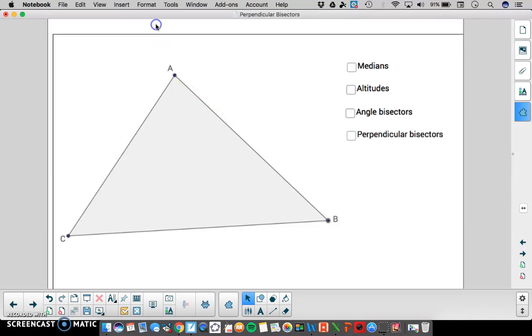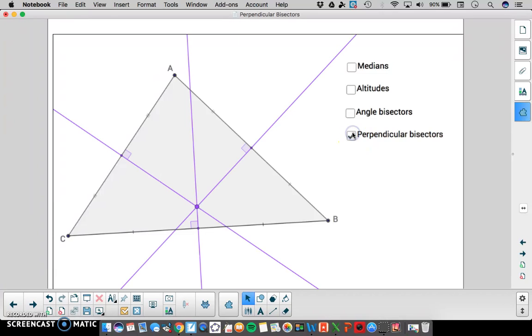In this illustration, we're going to take a look at the perpendicular bisectors of triangle ABC here. So what I'm going to do is make the perpendicular bisectors, and I want you to notice there's this point that each one of those perpendicular bisectors intersect at. All of those purple lines intersect at this point here.